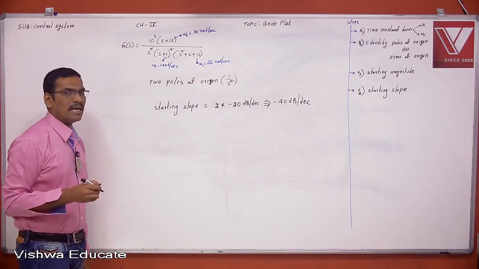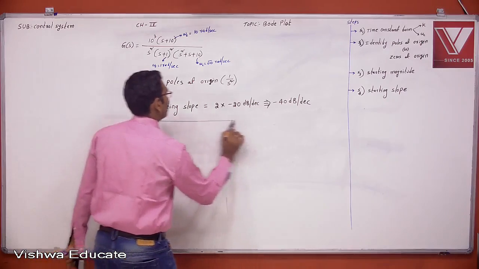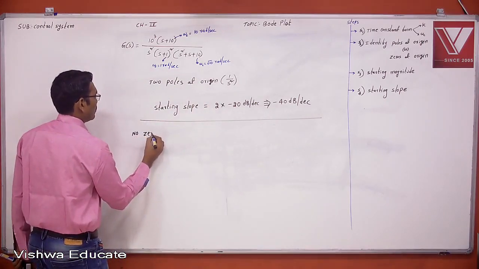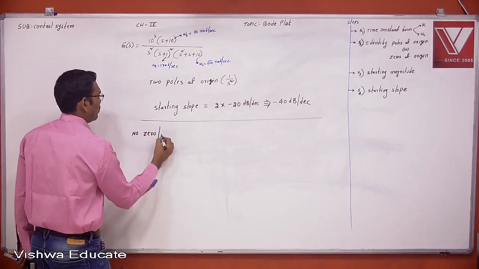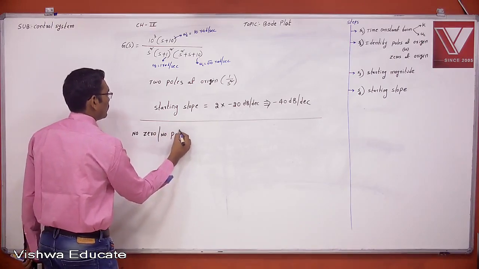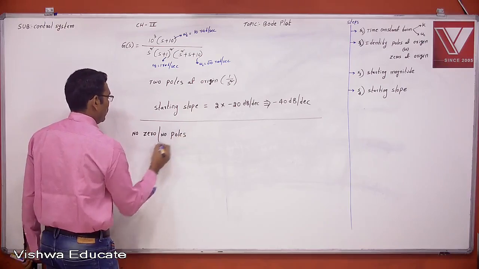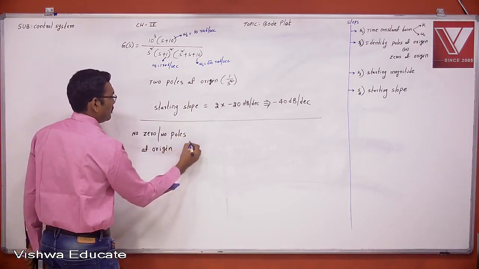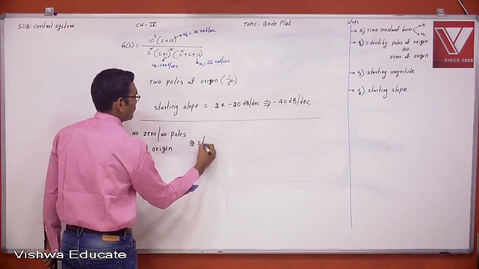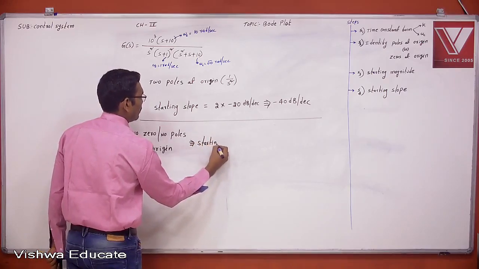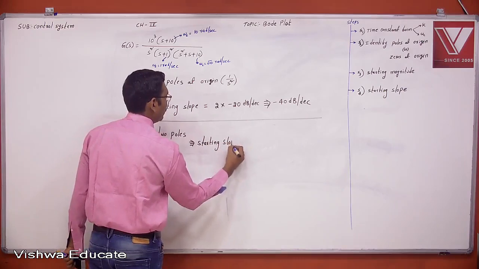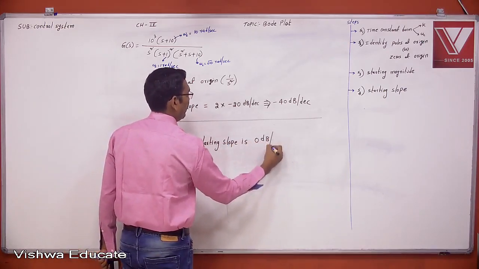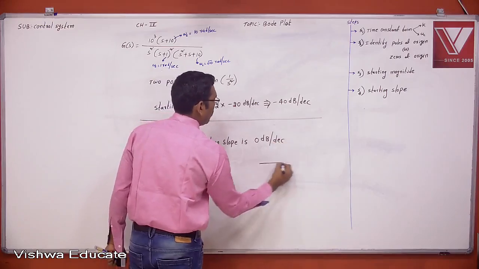And the students are asking, sir, what if there is no pole at origin and no zeros at origin? If there are no poles or no zeros at origin, then the starting slope is 0 dB per decade, which is a constant line.